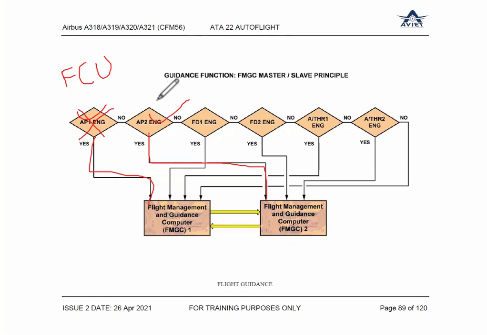Now let us say autopilot 2 is also not engaged, but FD1 is engaged. When FD1 is engaged, again FMGC 1 is master. If FD2 is engaged, then number 2 is master. It means if any one of this side is engaged, the upper side should not be engaged, only then it will be effective.